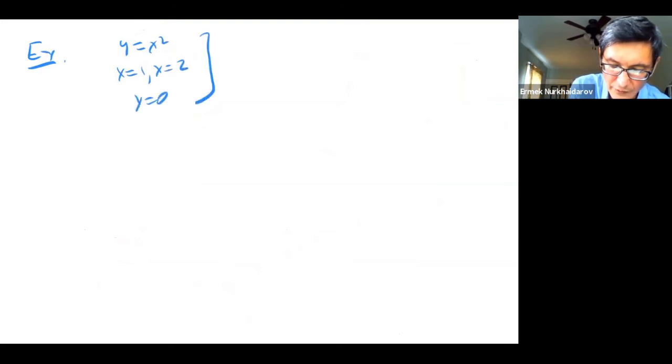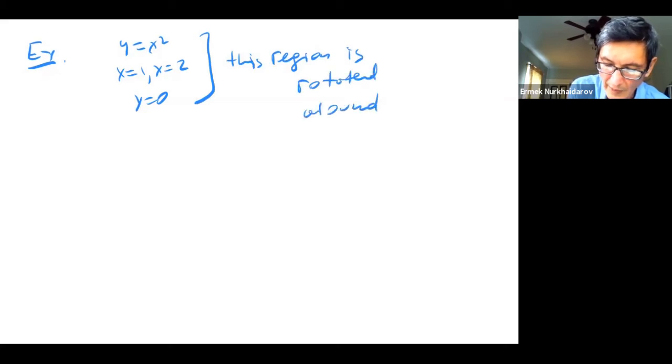Same region. So we have y equals x squared, x equals 1, x equals 2, y equals 0. So this region is rotated around the x-axis. Volume.